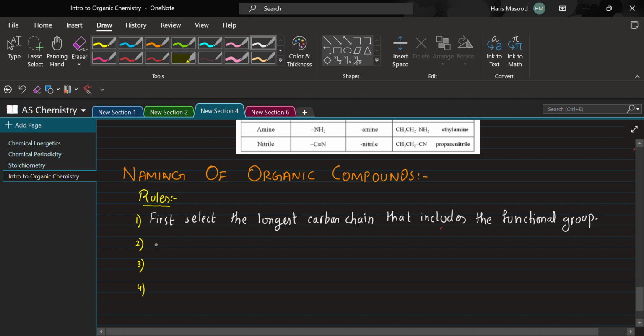Then start numbering the chain from the carbon closest to the functional group.